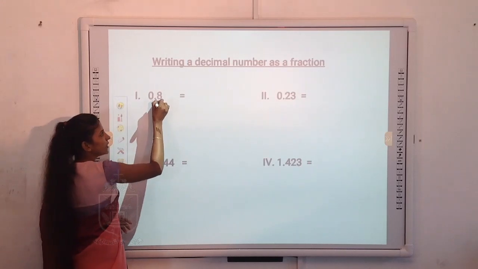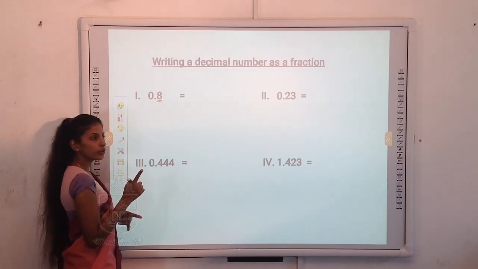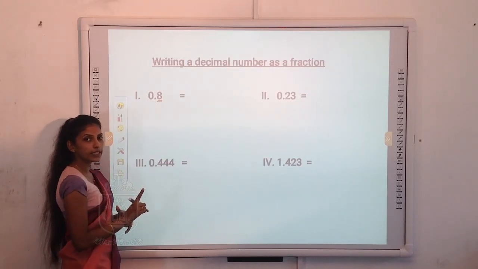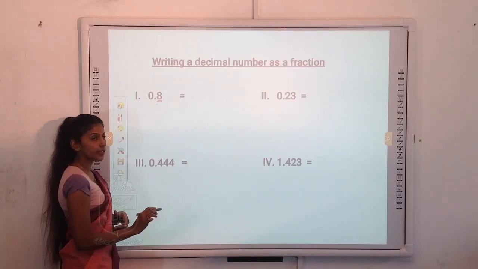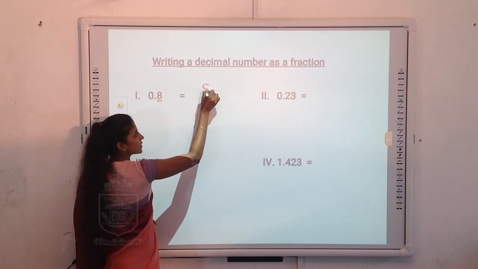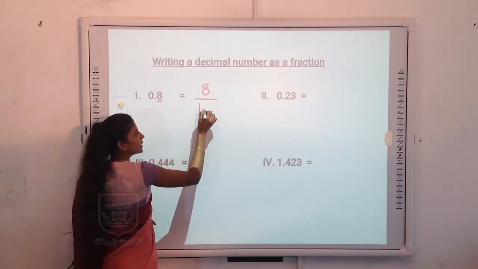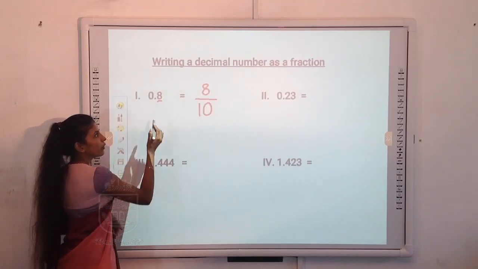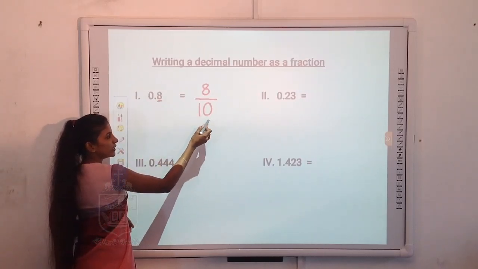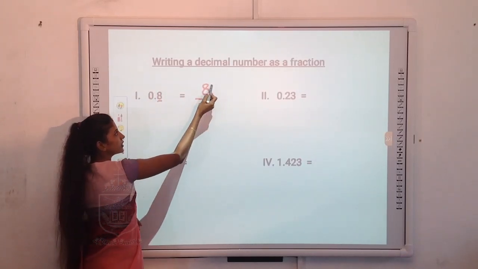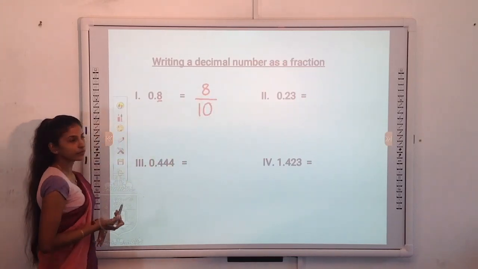0.8, one decimal place. So we know that if there is only one decimal place, always you have only 1 zero in the denominator, that means 10. So how can we express it? It can be easily written as 8 over 10. One decimal place means 1 zero, so 10 is the denominator, 8 will come to the numerator.